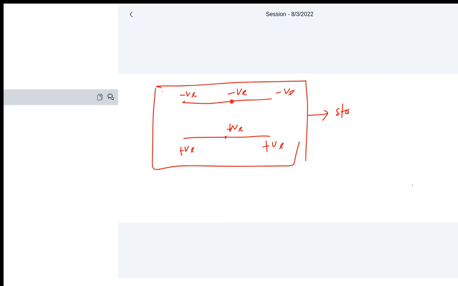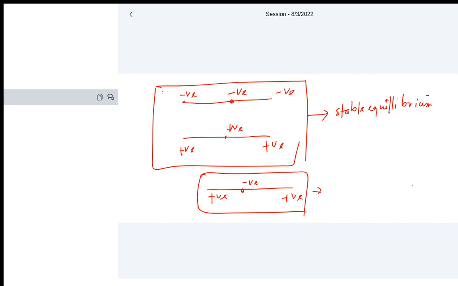That means here the negative charge or positive charge is in stable equilibrium. Another case is when a negative charge oscillates between positive charges, then the negative charge is in unstable equilibrium.